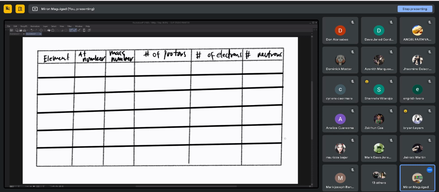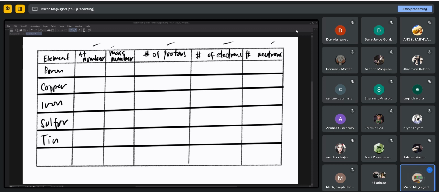Okay, let's have boron, copper, iron, sulfur, and tin. Okay, we'll be finding the numbers of atomic number, mass number, number of protons, electrons, and neutrons.